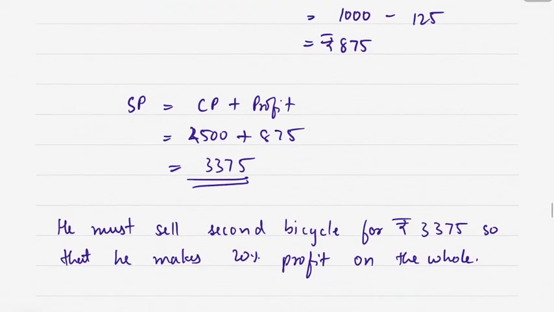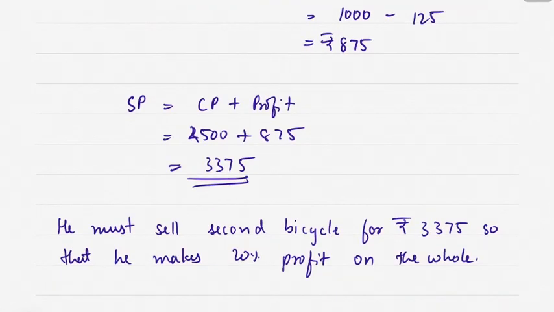So on the second bicycle, he should make 35% profit so that he makes 20% profit on the whole.